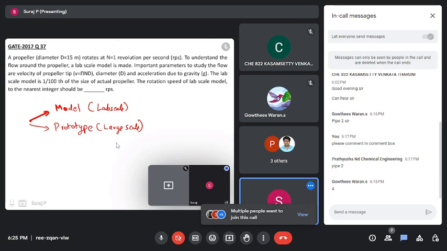These are geometric similarity, then kinematic similarity, and dynamic similarity.